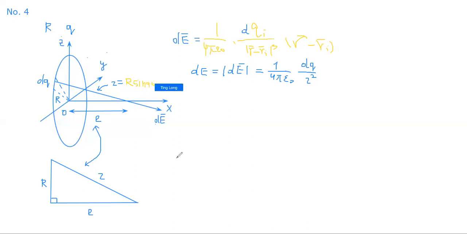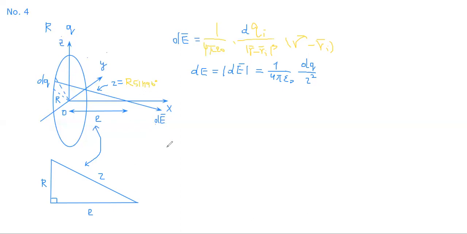R sinus. Maybe R sinus, but it will not be a product.